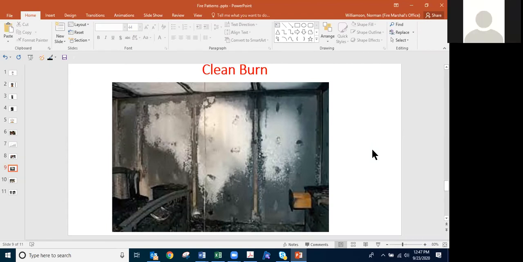I would say no. I think it's more from thermal layering than the actual exposure to the flame itself. Okay, yeah, it can happen either way, but usually you're going to get more fire type patterns if it's direct flame impingement, right? So you're going to get different types of patterns. It can be, but it's doubtful.